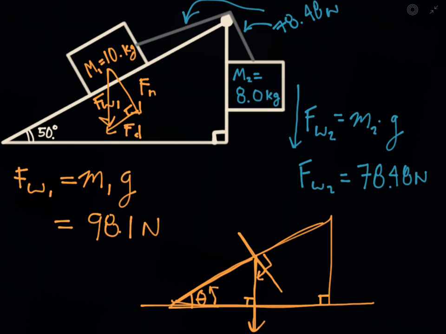The thing perpendicular to the surface is the normal force, and the thing perpendicular to the table is the force of gravity. So the angle between the normal force and gravity is also theta, up in that corner. So we know that this angle is also 50 degrees.